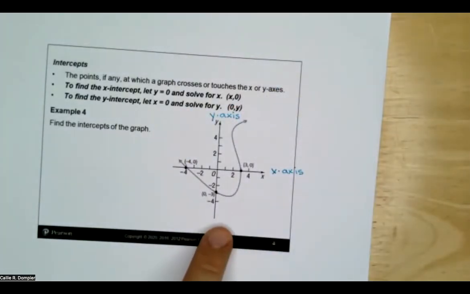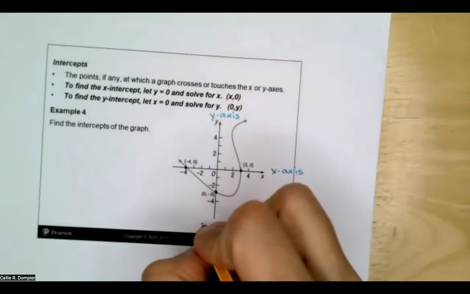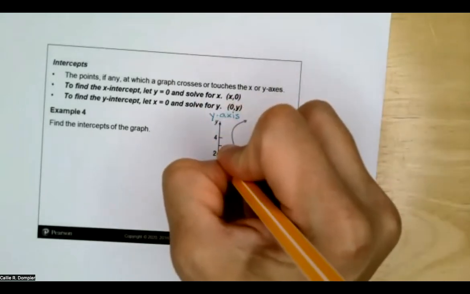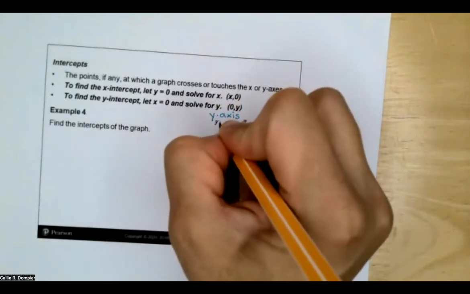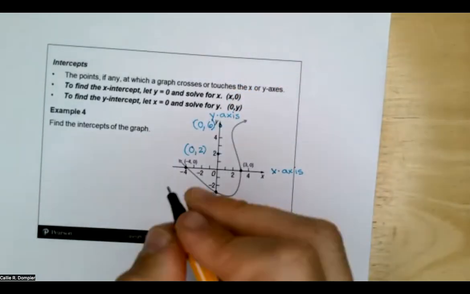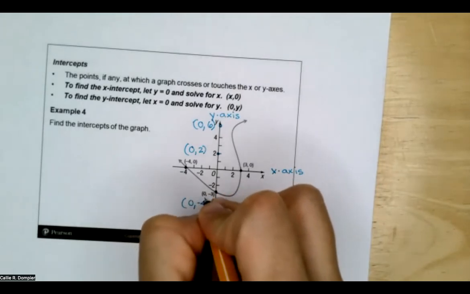So on the y-axis, if you think about the y-axis, every point on this y-axis, x is equal to 0. This is the point 0, 2. This is the point maybe 0, 5.5, but we'll call it 6. Good. This is the point 0, -4.